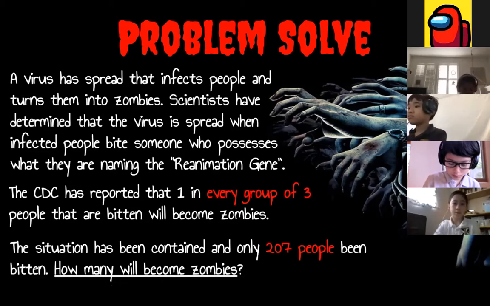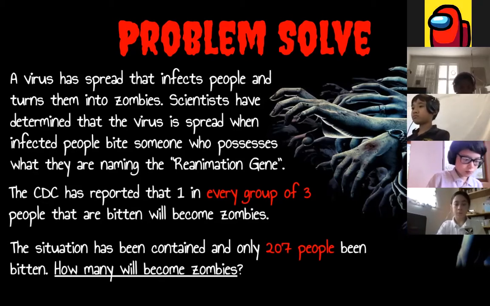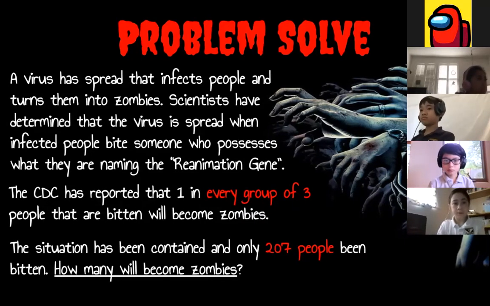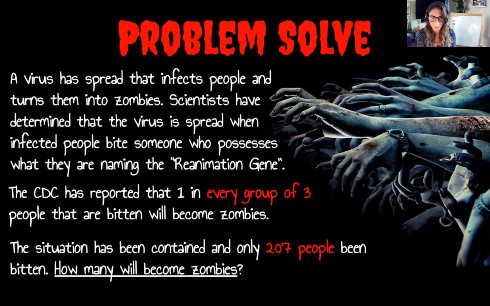Usually when we're multiplying, we don't have a total amount. We're finding a total amount. So they already told us 207 people have been bitten. We're not finding out how many people in total are being bitten. We are splitting that 207 people into groups of 3. All right, so those are our clues that tell us we're going to divide.